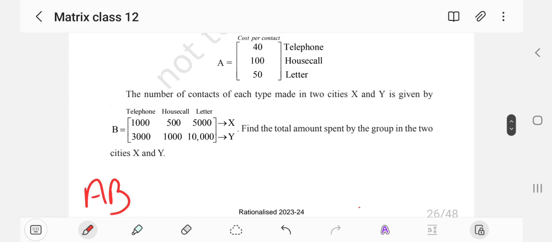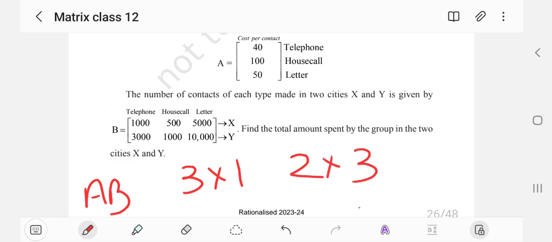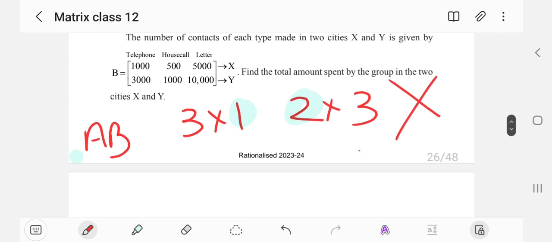The order of A is 3 by 1: 3 rows, 1 column. And the order of B is 2 by 3: 2 rows, 3 columns. Now see whether the number of columns of A is the same as the number of rows of B. No, they are not the same. So the multiplication AB is not possible.